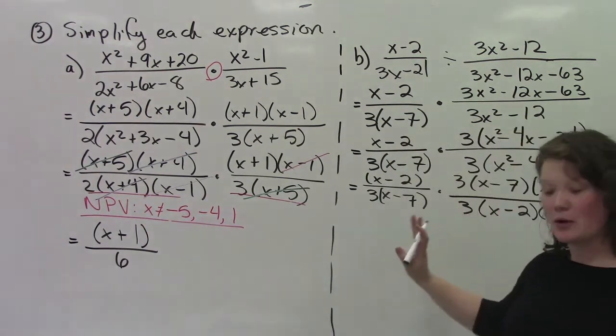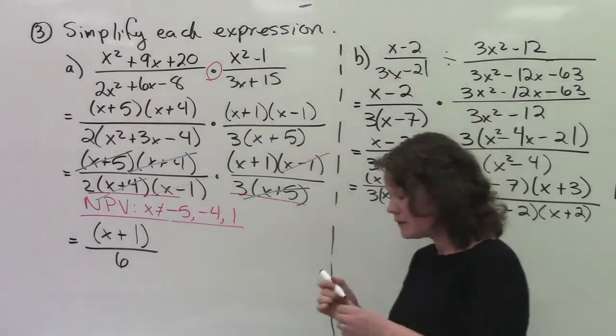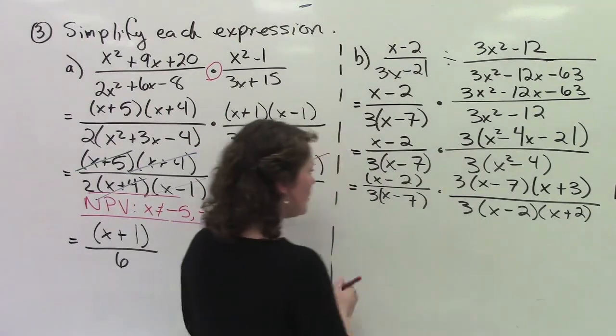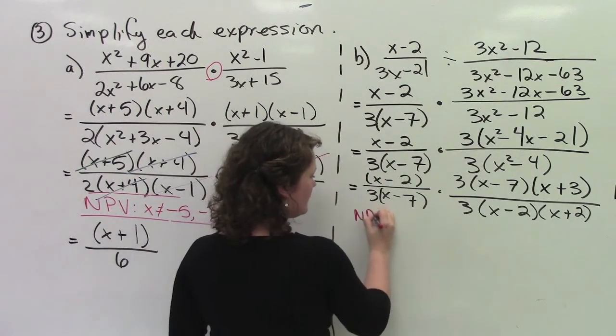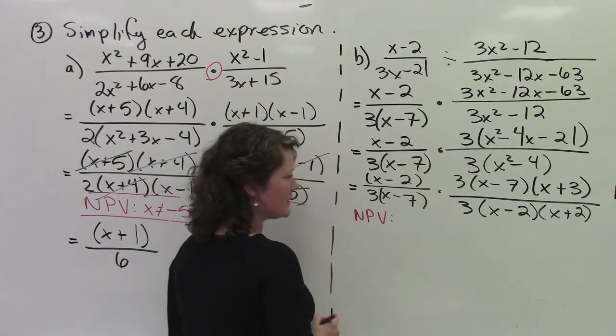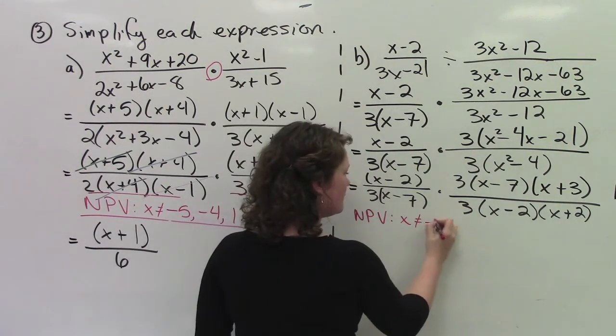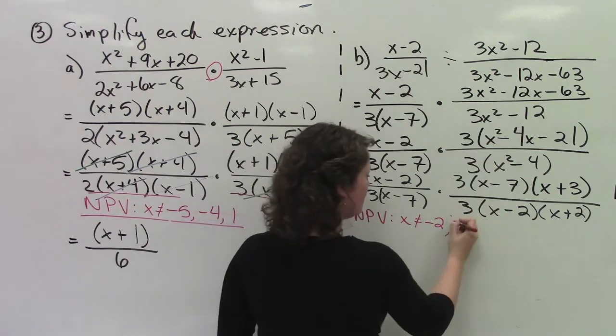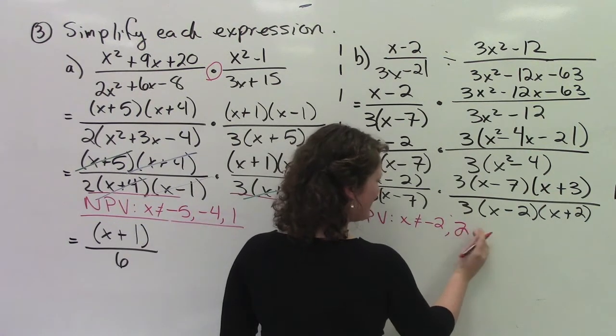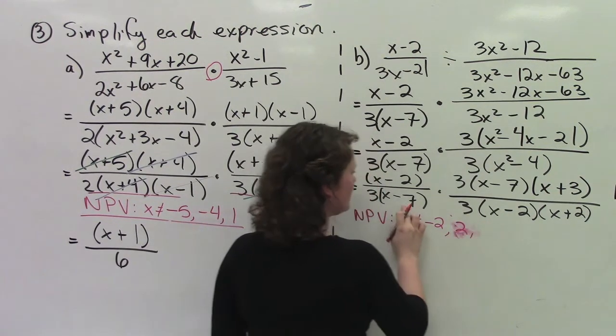So now at this point I'm going to stop and save my non-permissible values before I do any canceling. x cannot equal negative 2, positive 2, and positive 7.